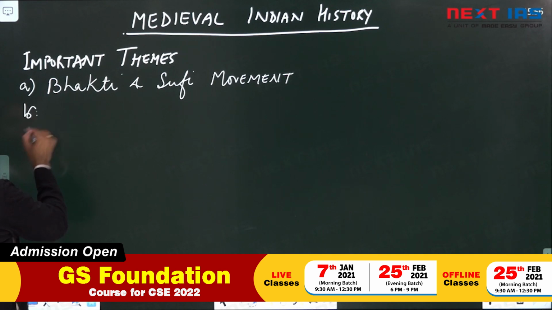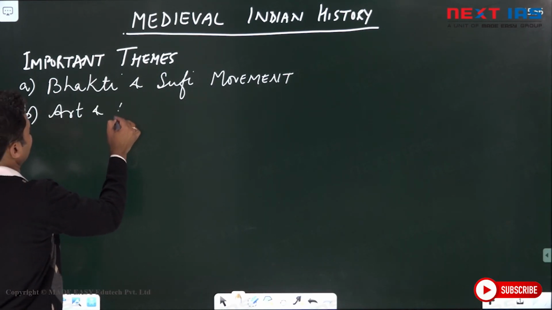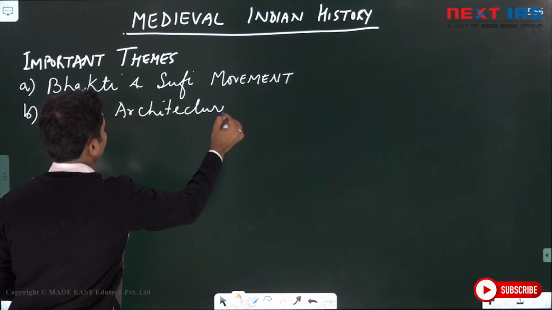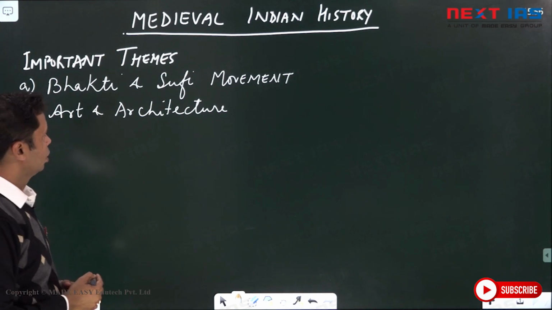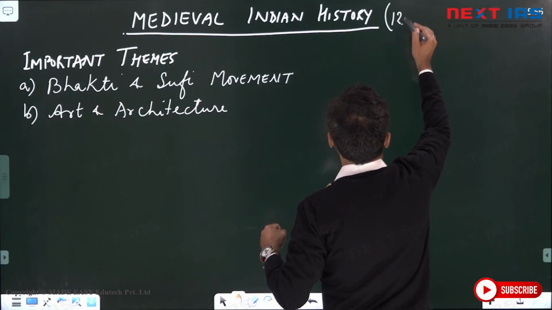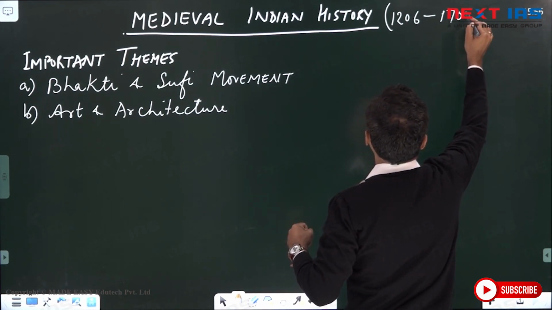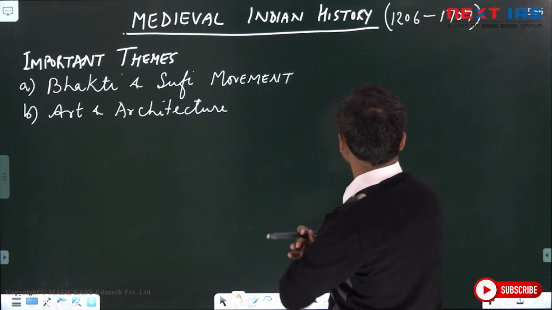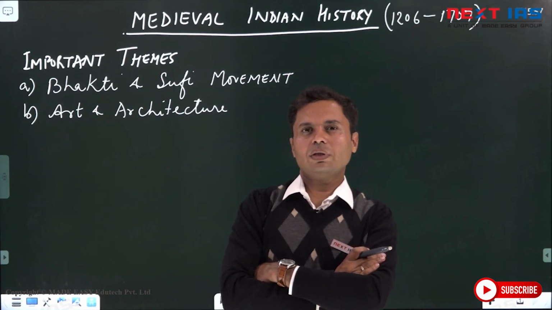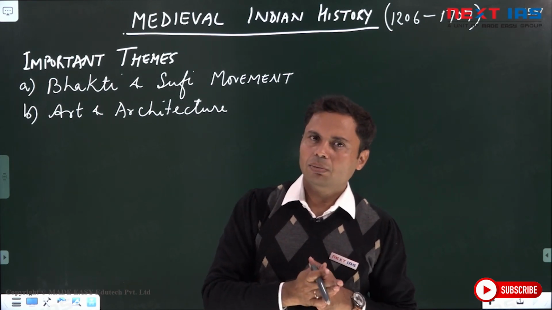Secondly, art and architecture. The medieval Indian history, roughly, is the period from 1206 to 1707, which is further subdivided into the Delhi Sultanate part and the Mughals.